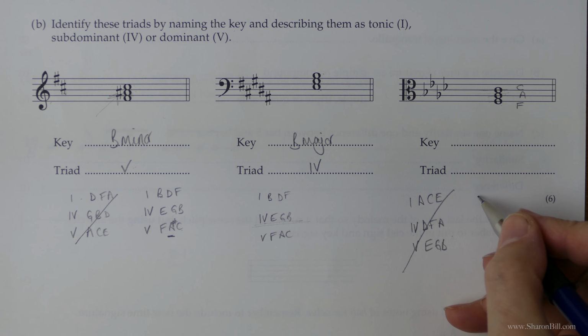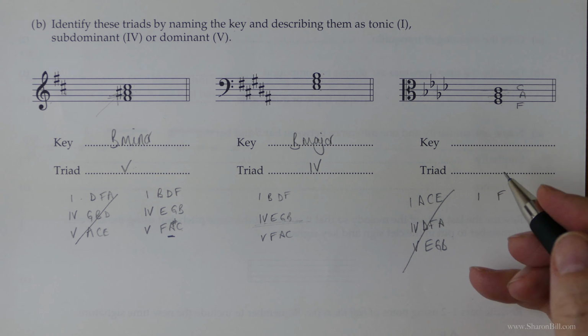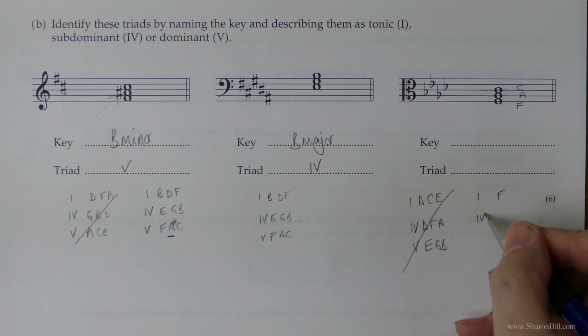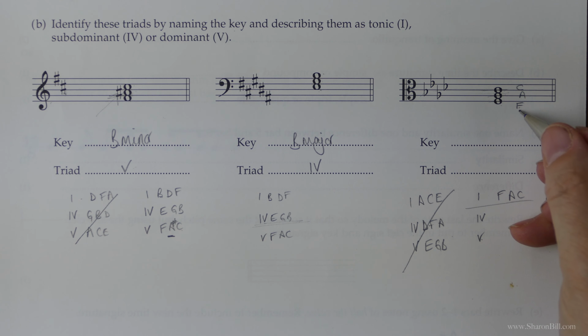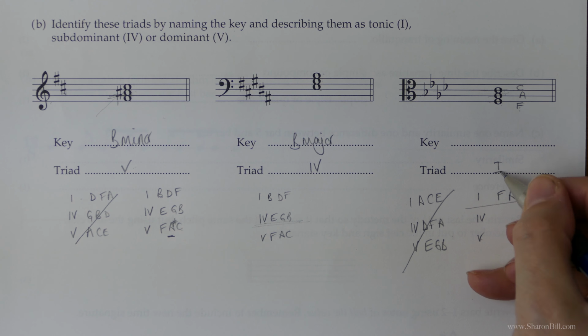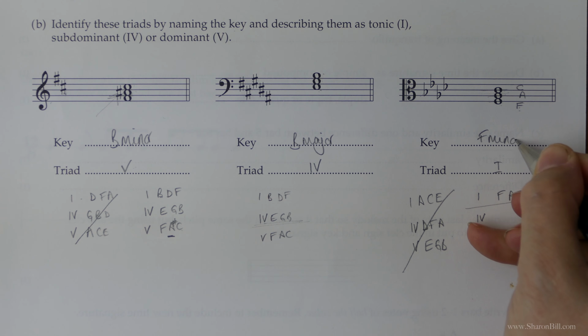And F minor is related to A flat major. So chords 1, 4 and 5. However, we can see without writing these, chord 1 is F, A, C, and so we can see that we're in the tonic or chord 1. So chord 1 in F minor, the related key.